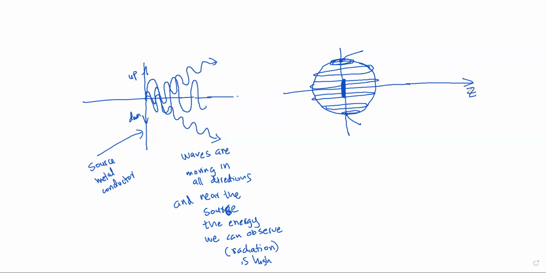If we move along the z-axis, the radiation energy reduces, and the radiation energy sphere also enlarges, and the curvature of the sphere at this point, for example, is almost like a plane, right?